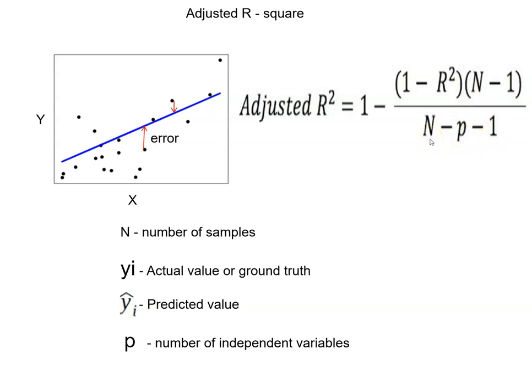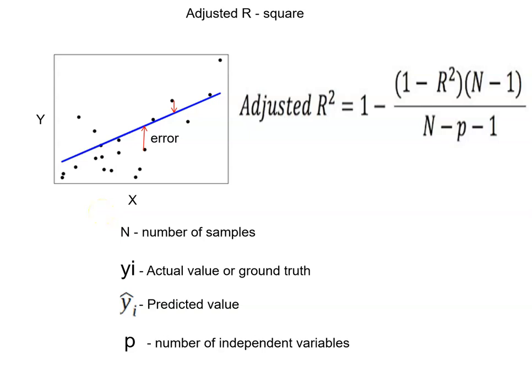Here n we already know is the number of samples in the test data, and p is the number of independent variables or independent features in our model. So this is how the adjusted R square is calculated, and its value is always less than the R square. That is the key thing over here.